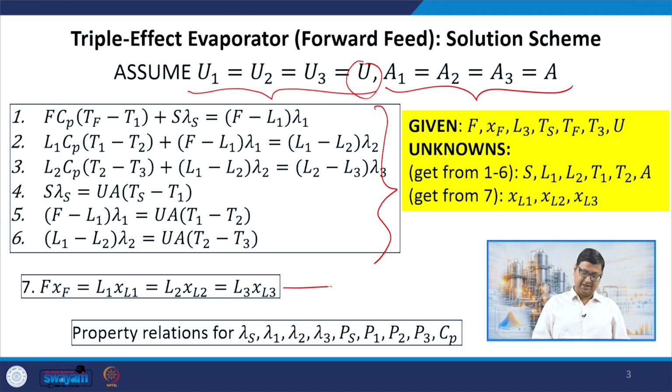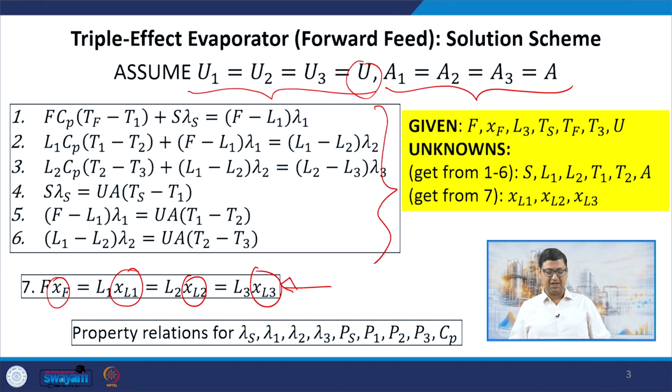We also separated the solute balance equations, the reason being that the solute mass fractions appear only in these equations, not in the first 6 equations. For a given choice of unknowns, we solve the first 6 equations and get these 6 unknowns.